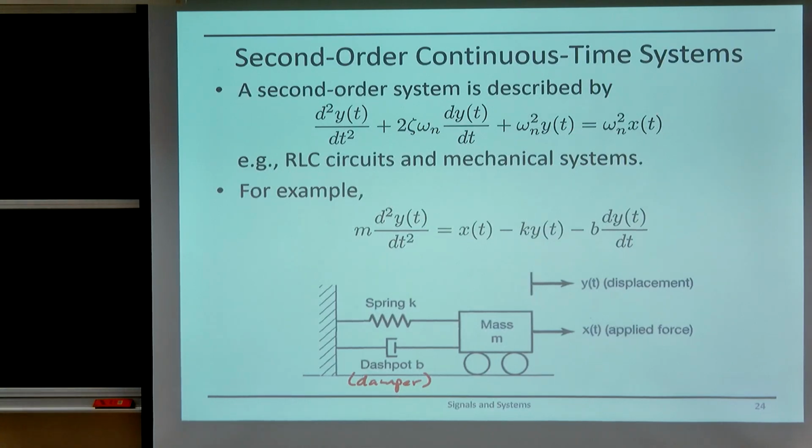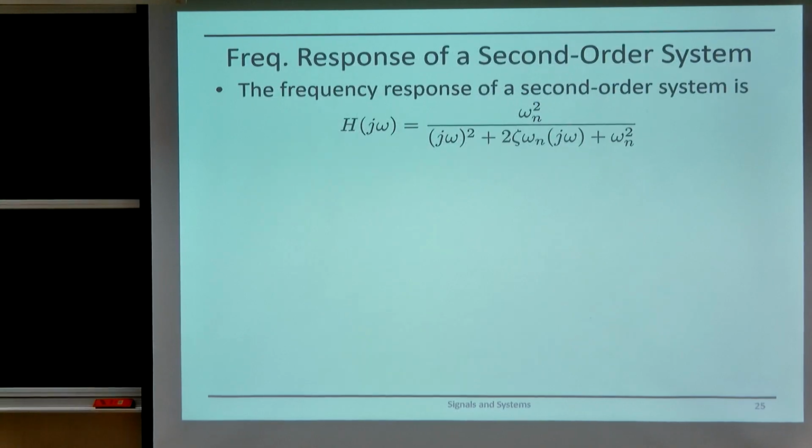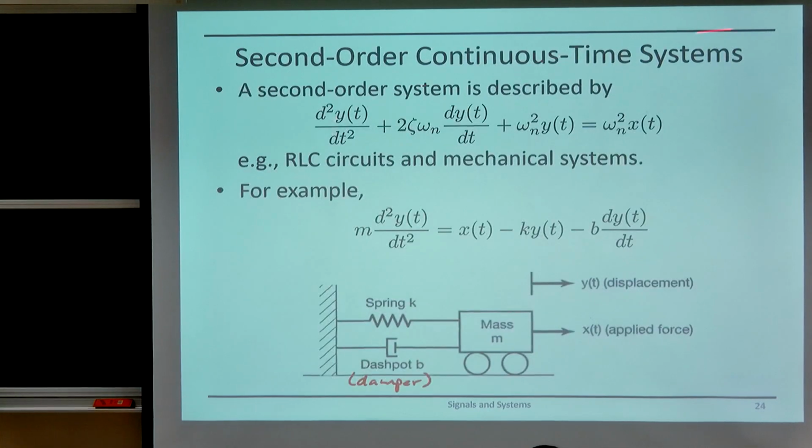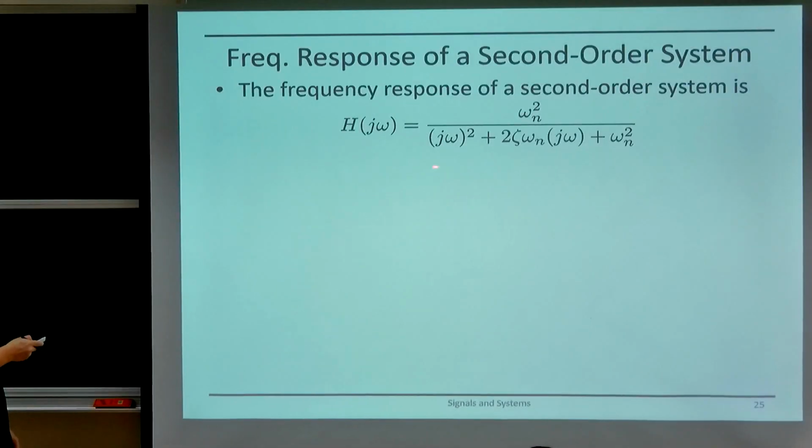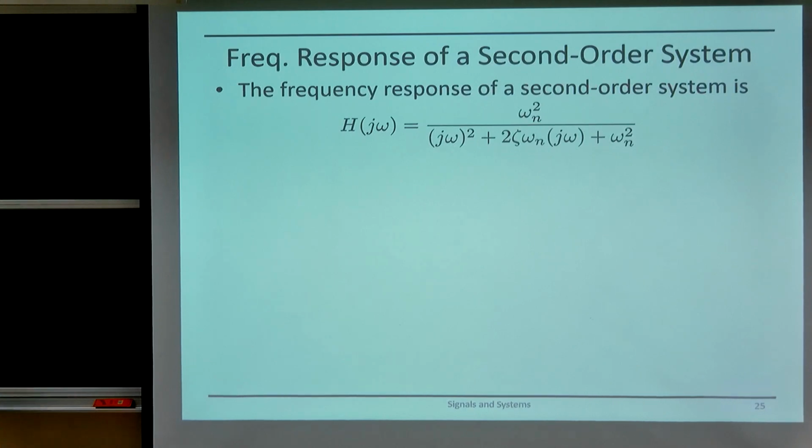We've shown all these derivations before, so I'm not going to go through the details of derivation, but just look at how to visualize these types of frequency responses that take on this form. If you take the Fourier transform on both sides and move things around, you will get a frequency response that looks like this.